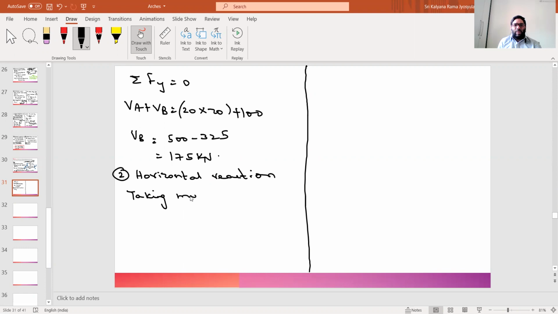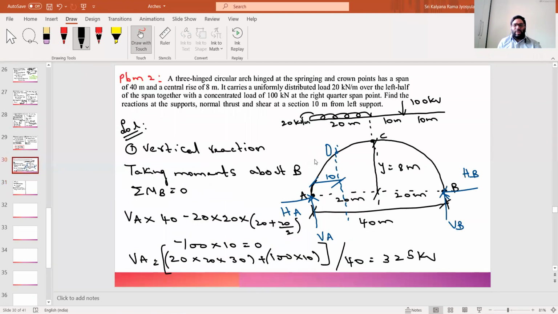taking moments about C. What all we have? VA into 20 by 2, isn't it? Or VB, anything. So yesterday we have thought that we can come from either right hand side or left hand side.